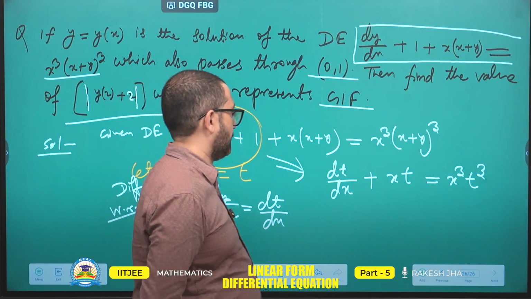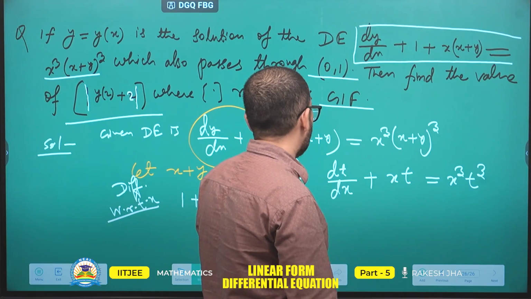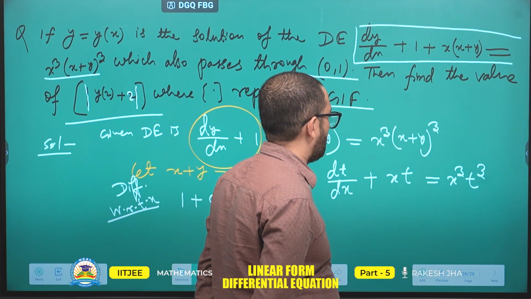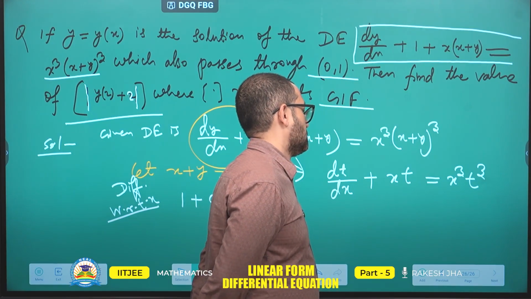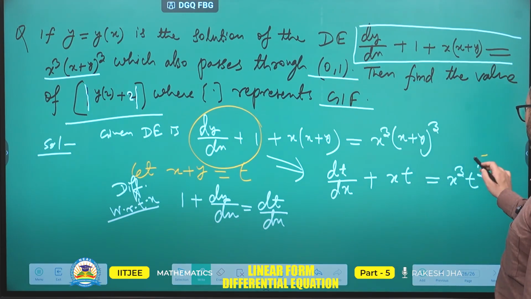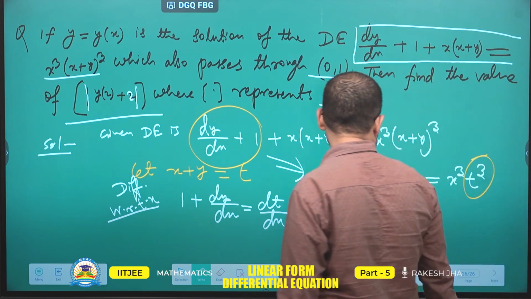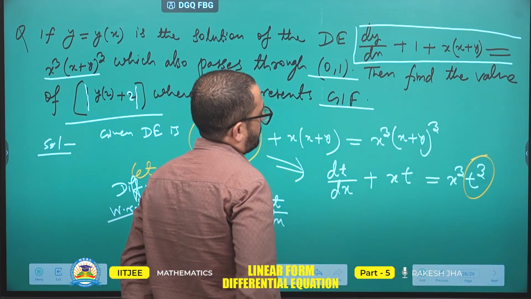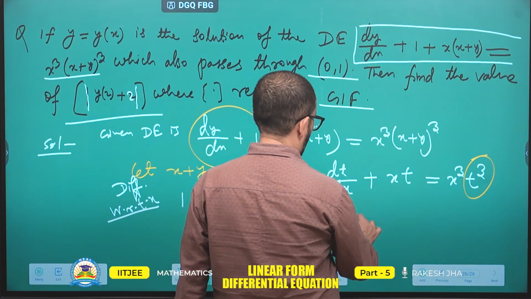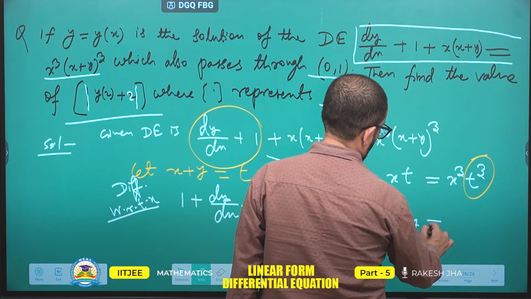We want t here, so in that case we have to divide this by t cube, then only it is possible. And in that case, suppose we have the general form dy by dx plus py is equal to q.